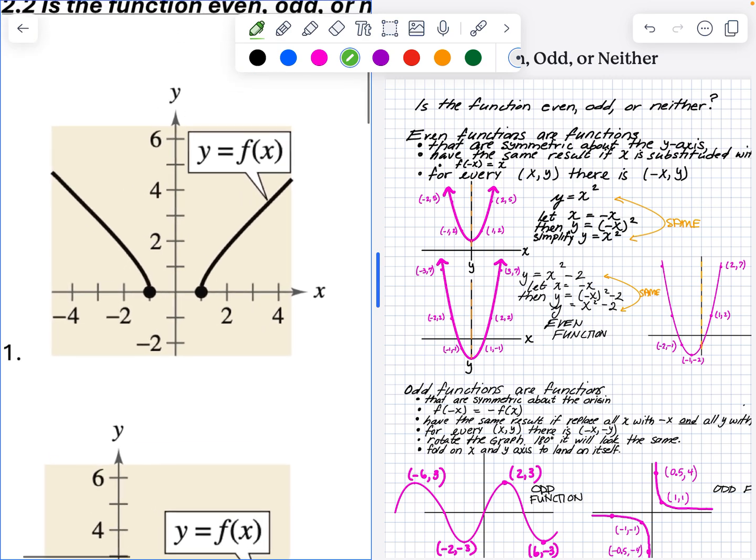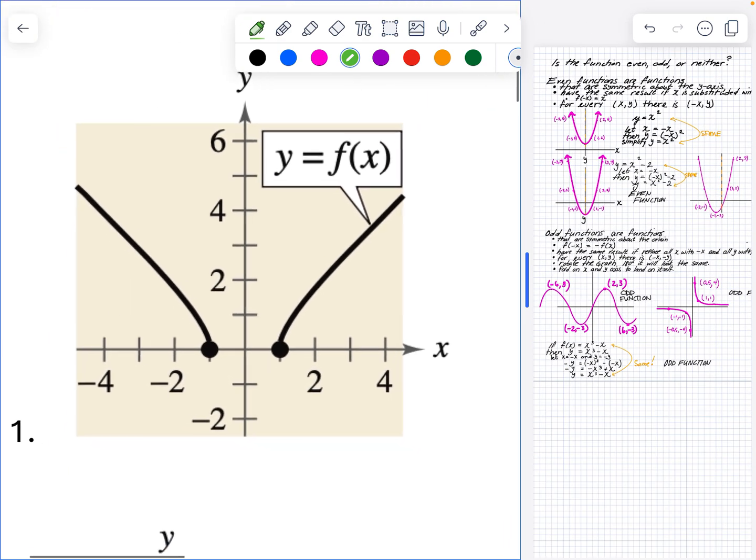But if we look at this first graph, and we were to fold it on the y-axis, then we would find that this curve would land right on top of this curve. So this is even.